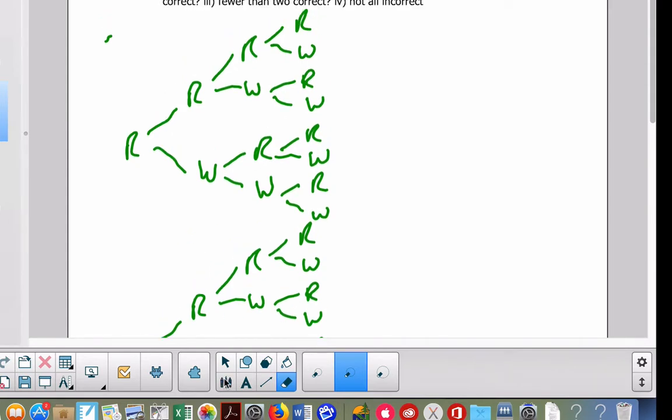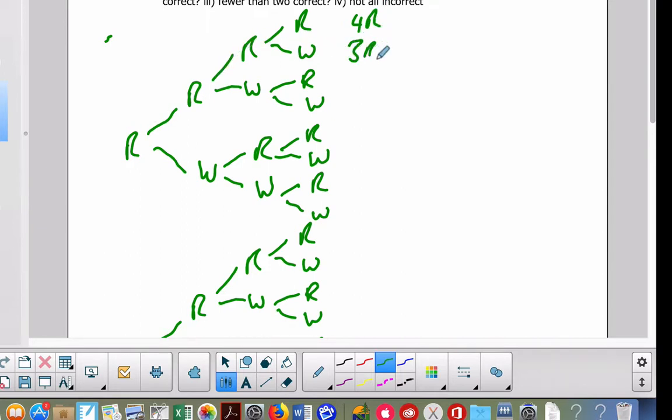So if he chooses right on the first, right on the second, right on the third, right on the fourth, then he gets 4 right. And then here, he would get 3 right, 1 wrong. Then he'd get here 3 right.